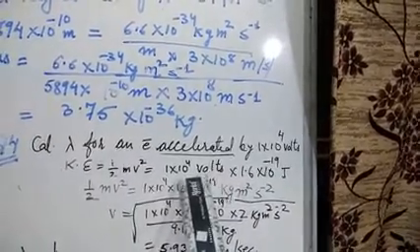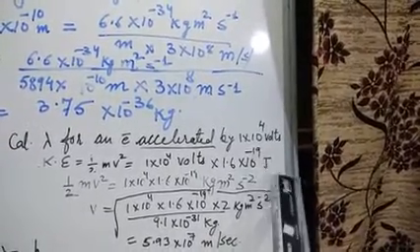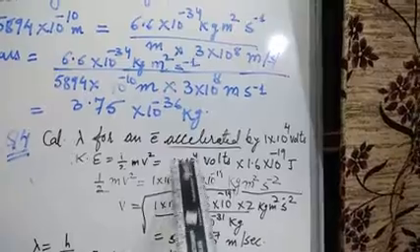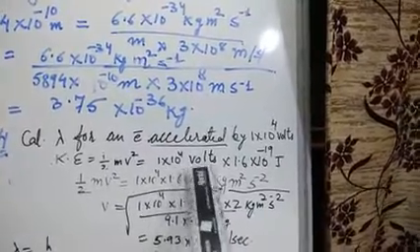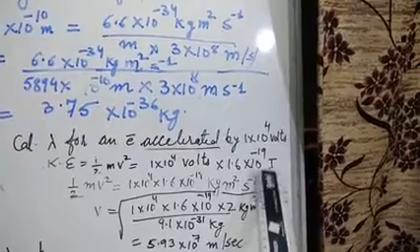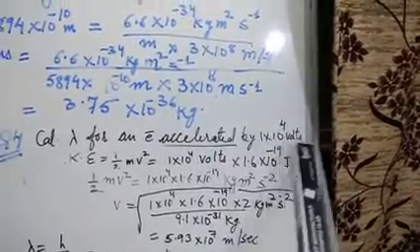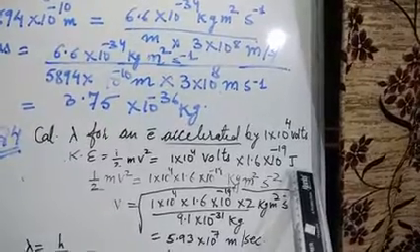So for the conversion, because 1 volt is equal to 1.6 into 10 to the power minus 19 joules, so 1 into 10 to the power 4 volts will be equal to that value multiplied by this 1.6 into 10 to the power minus 19 joules. So this whole value we will convert into joule.